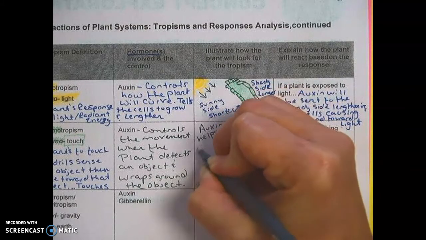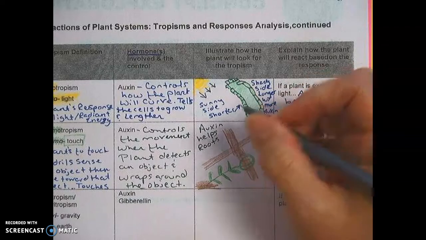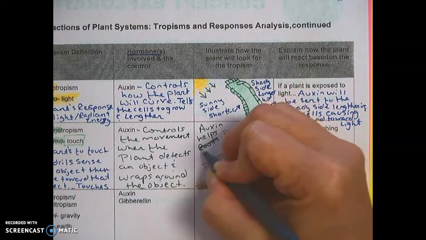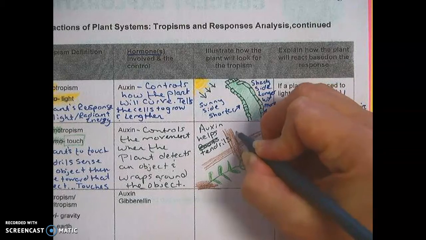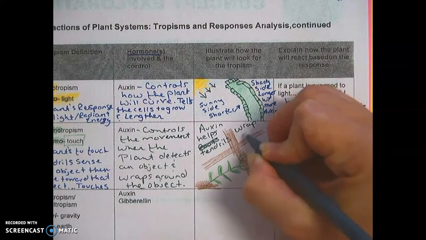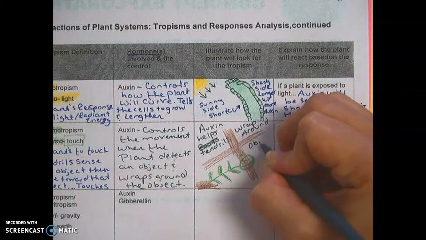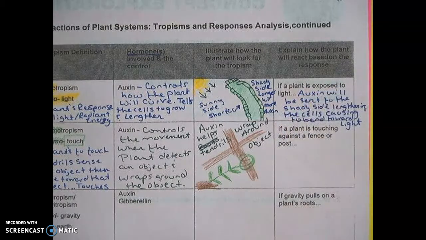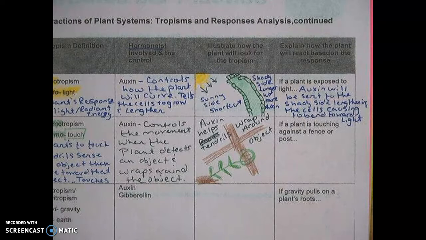So auxin helps the roots, not really the roots, right? That's more like the tendrils. Let's write tendrils wrap around object. Here the object is a fence. All right, so last little thing, then we'll stop this video.